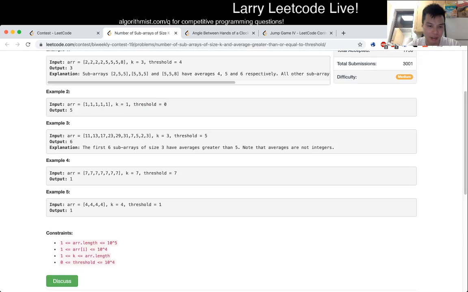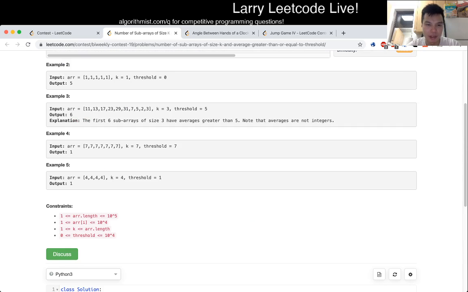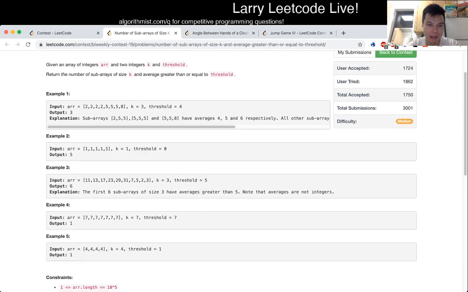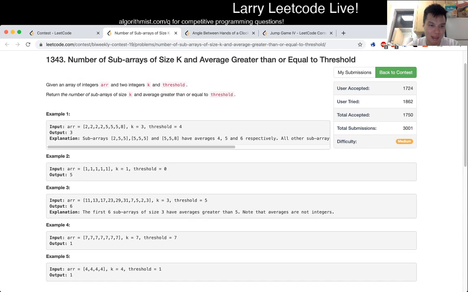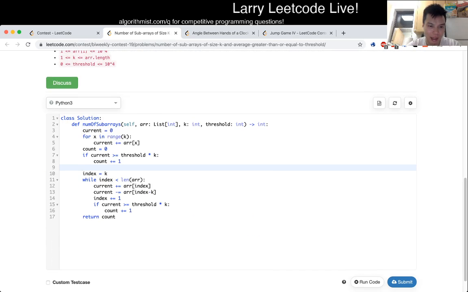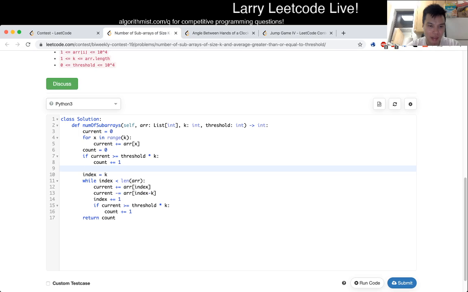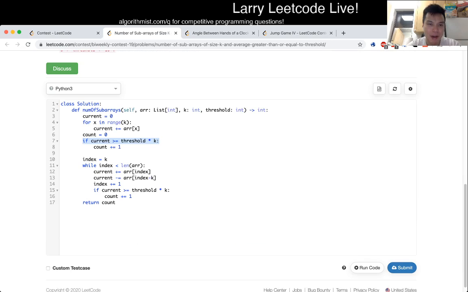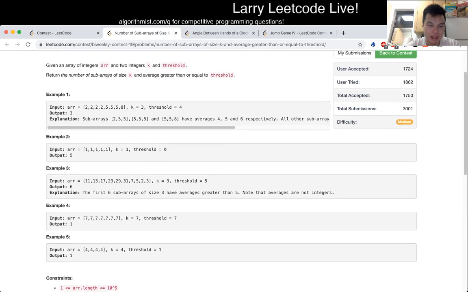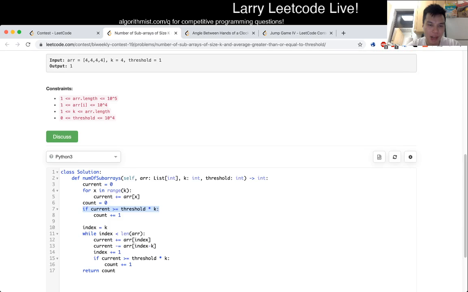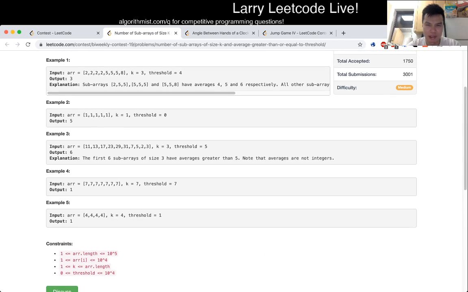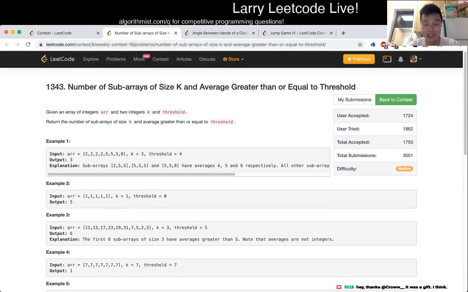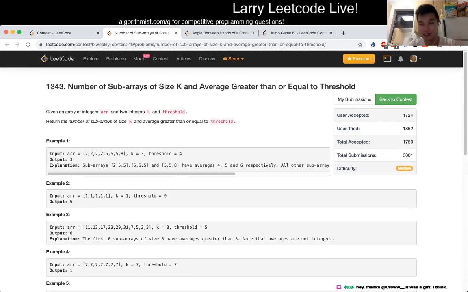I think the only thing that maybe requires a little bit of thinking, but if you have some practice maybe it comes up, is that I have this function that maybe is also a little bit repeating myself. The threshold, the average is the sum over n, or k in this case.